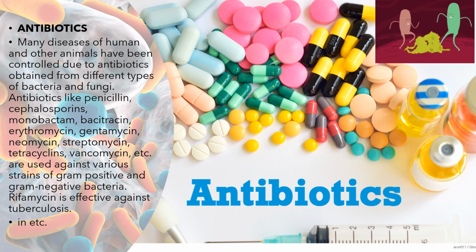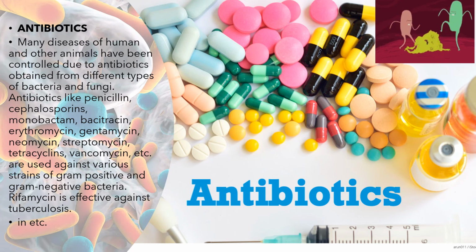Antibiotics like penicillin, monobactam, bacitracin, erythromycin, gentamicin, neomycin, streptomycin, tetracycline, vancomycin, etc. are used against various strains of gram-positive and gram-negative bacteria. अभी gram positive और gram negative क्या है?